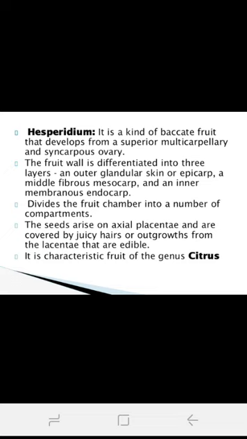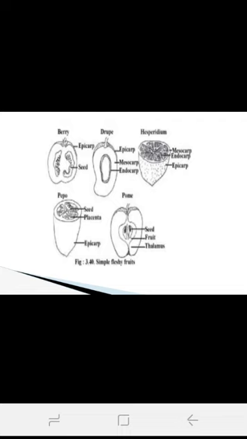The fruit chamber is divided into a number of compartments, with seeds in axial placentation, and juicy hairs are also present. This is a characteristic fruit of genus Citrus. So hesperidium is characteristic of citrus, having three parts: outer glandular, middle fibrous mesocarp and inner juicy endocarp. These are the examples of berry, drupe, hesperidium.